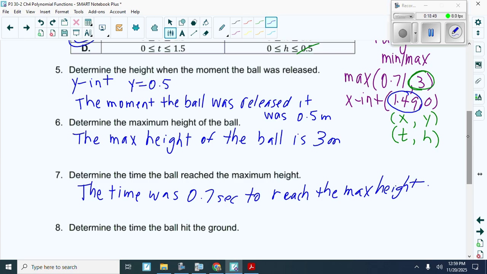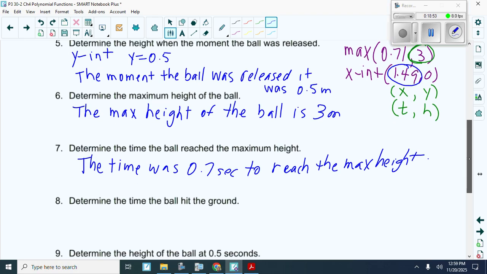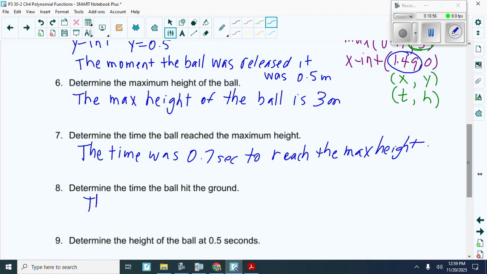Okay, determine the time the ball hit the ground. That was our x-intercept. We've already done all the work. So the ball hit the ground at 1.5 seconds.